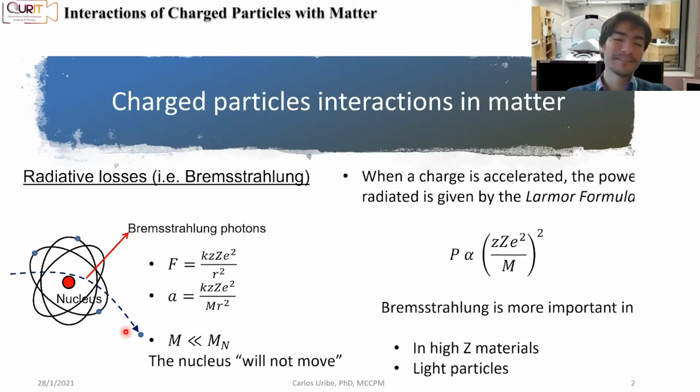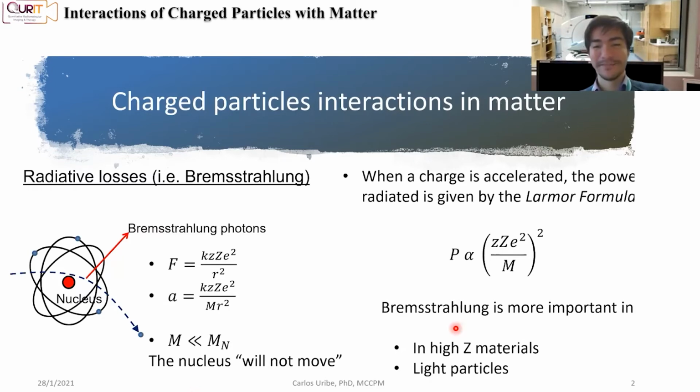And this m is the mass of that particle. Are we clear? Any questions about this?